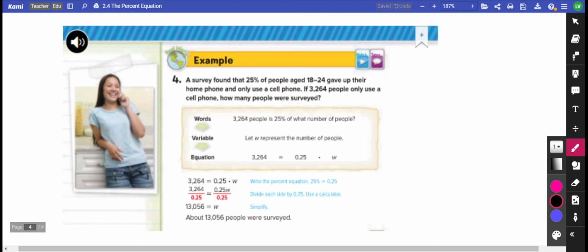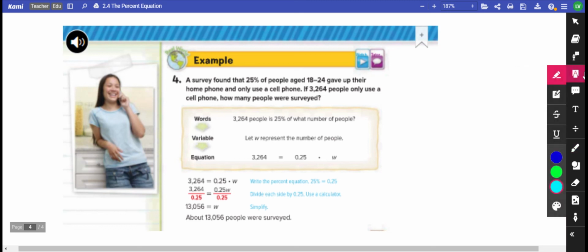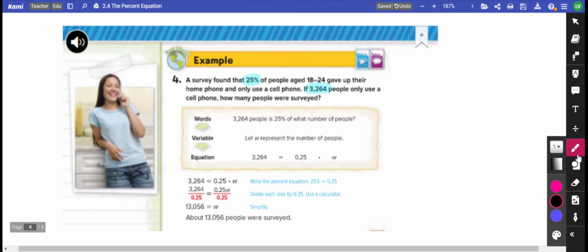Well, 3,264 people is 25% of what number of people? So this is saying that 3,264 is my part. That part is represented by 25%. So we have our part equals our percent times our whole.